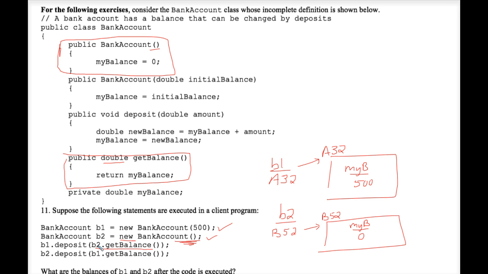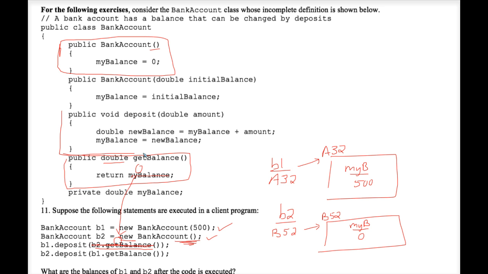Well, because we're executing b2.getBalance, because that's the call statement, we go to b2, which is B52, so we come over here to B52 and we find the balance is 0. So really, this is a 0 here inside these parentheses. That's a 0, because that's the 0 that was returned here as myBalance, which plugged in here. And now we take that 0 and we send it as a parameter to b1's deposit method.